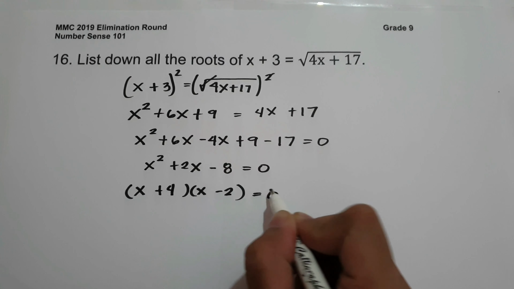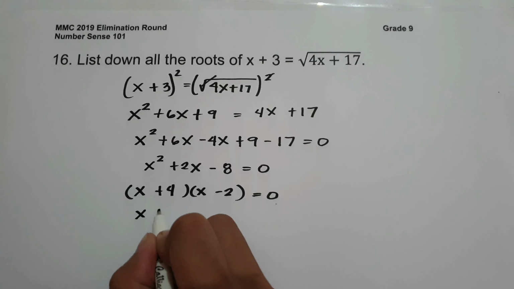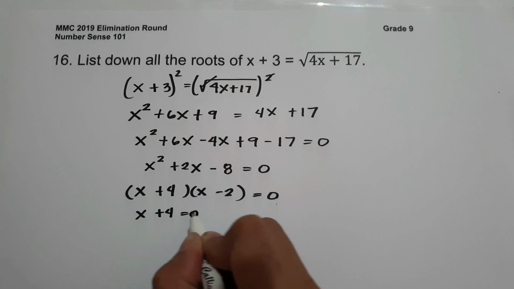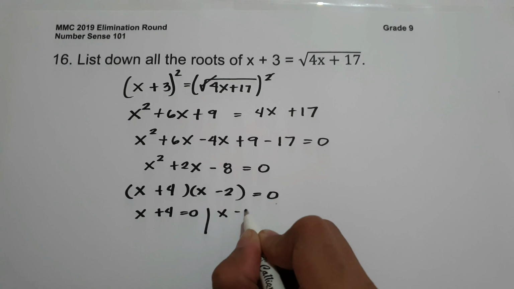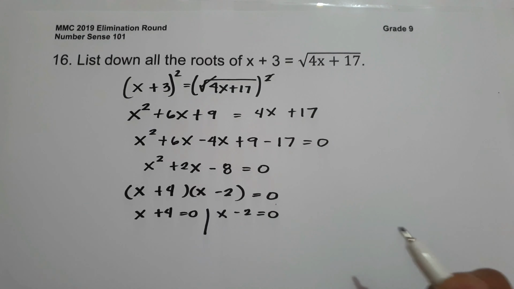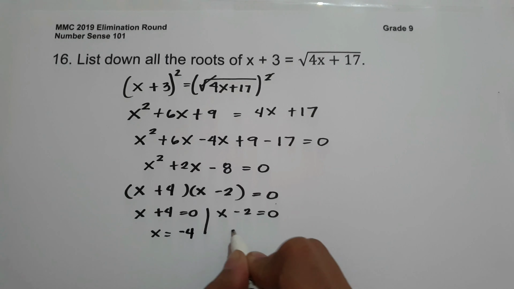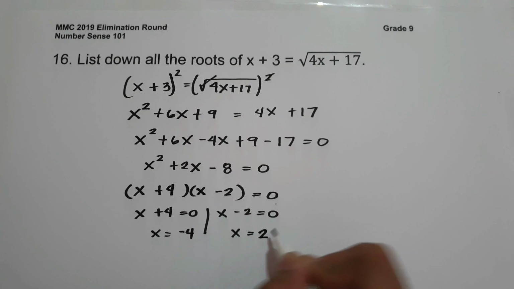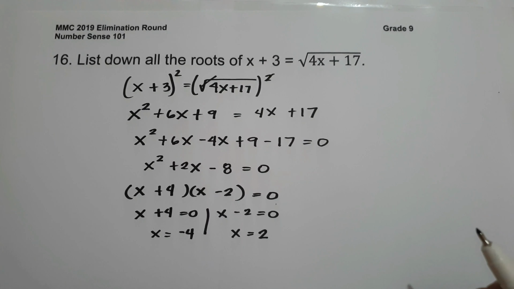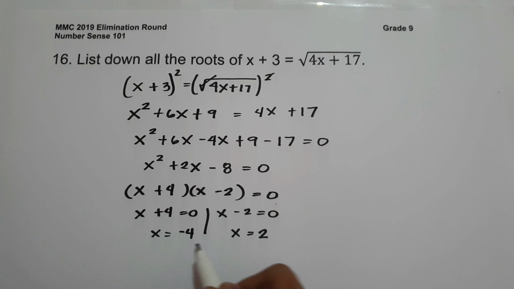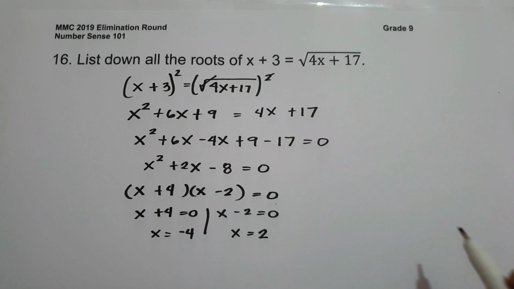And then let us equate to 0. That is x plus 4 equals 0, and x minus 2 equals 0. So x will be negative 4 and x is positive 2. But let us check whether negative 4 and 2 belong to the solution.